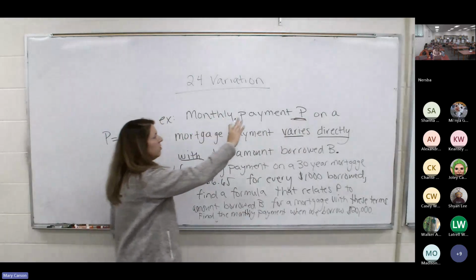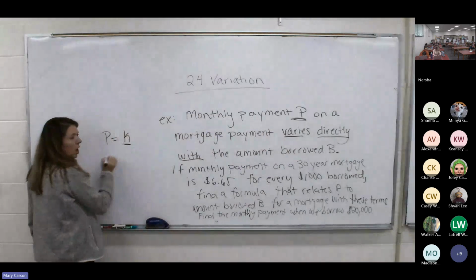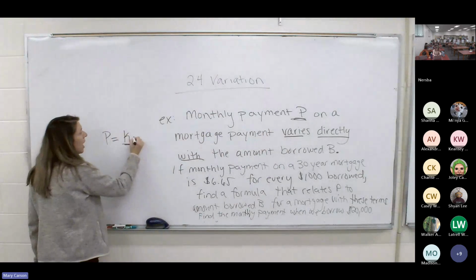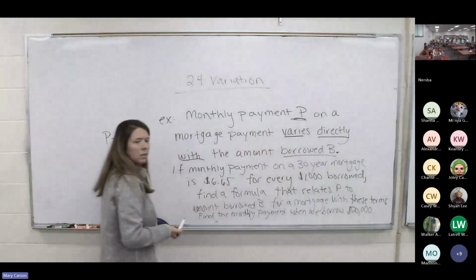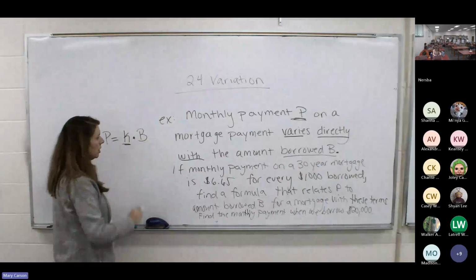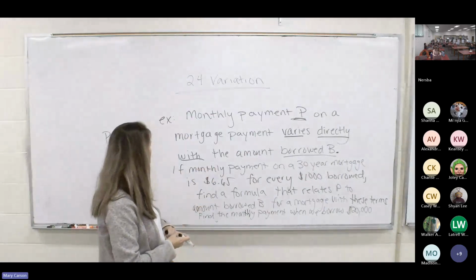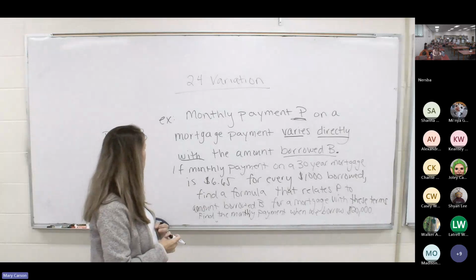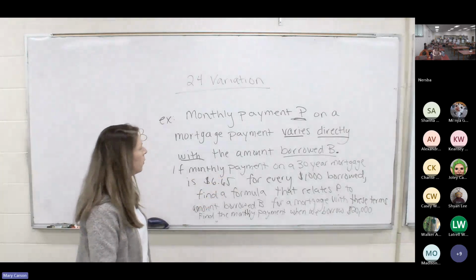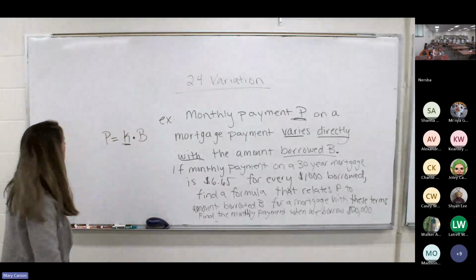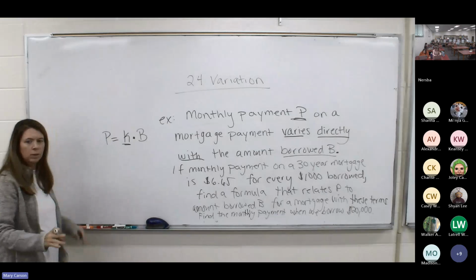And then when you see varies directly, this tells you you're going to have your K value, our constant value, which we have to find, times your other variable, borrowed, B. It says, if the monthly payment on a 30-year mortgage is $665 for every $1,000 borrowed, find the formula that relates P to the amount borrowed, B, for a mortgage with these terms. So this is your first step, just getting this direct variation formula.